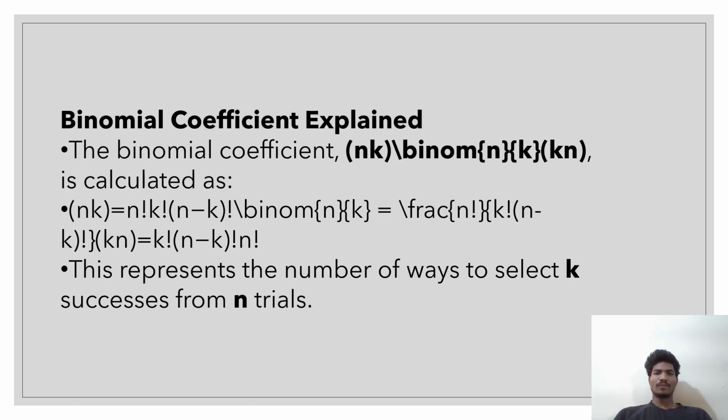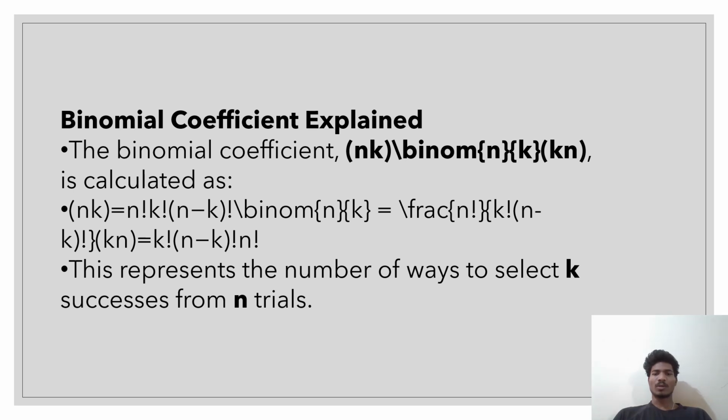Binomial coefficient explained. The binomial coefficient is calculated as n choose k equals n factorial divided by k factorial times (n minus k) factorial.